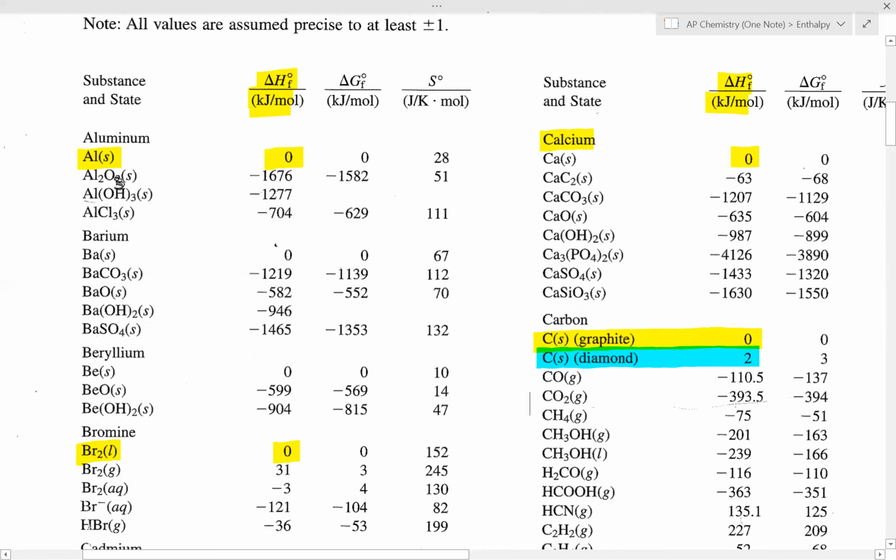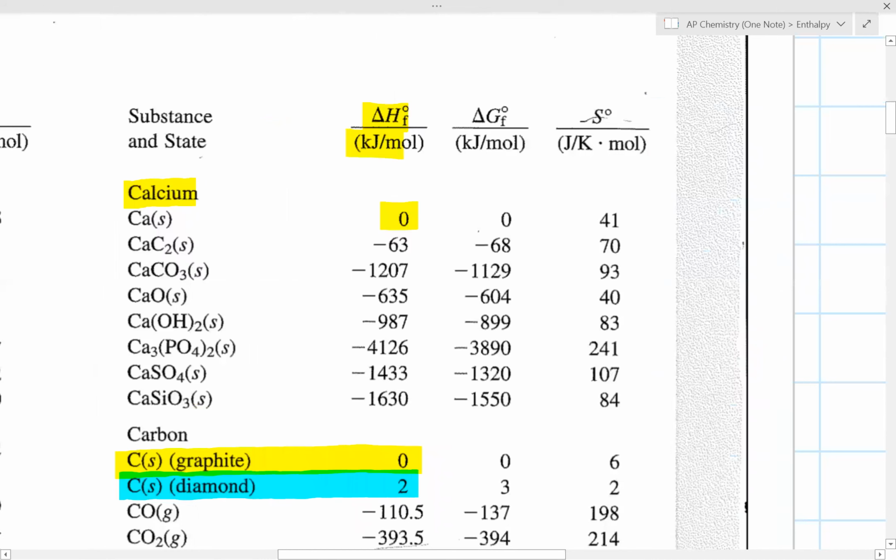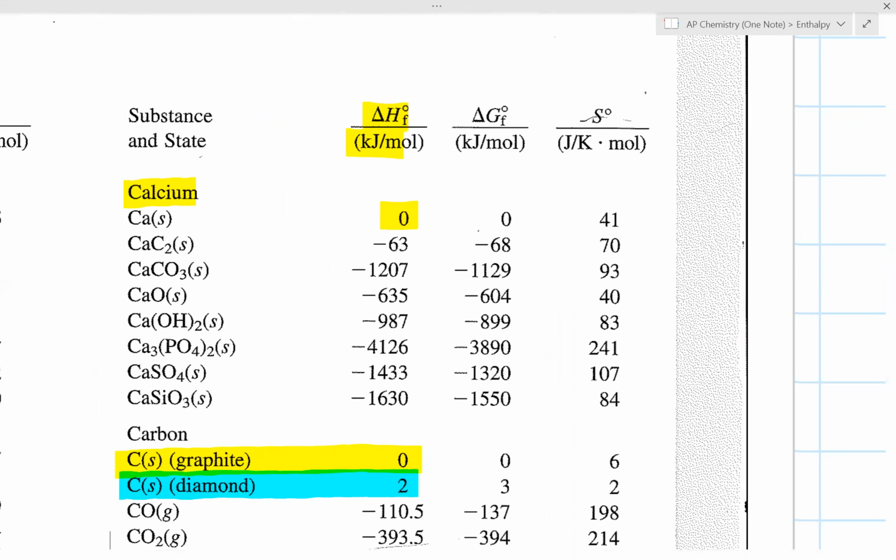Those are considered 0 because in their standard state, aluminum would be a solid at 1 atmosphere and 25 degrees Celsius, while bromine would be a liquid. Same thing with calcium. Calcium at 1 atmosphere and 25 degrees Celsius would exist as a solid. This is why we would consider it 0.